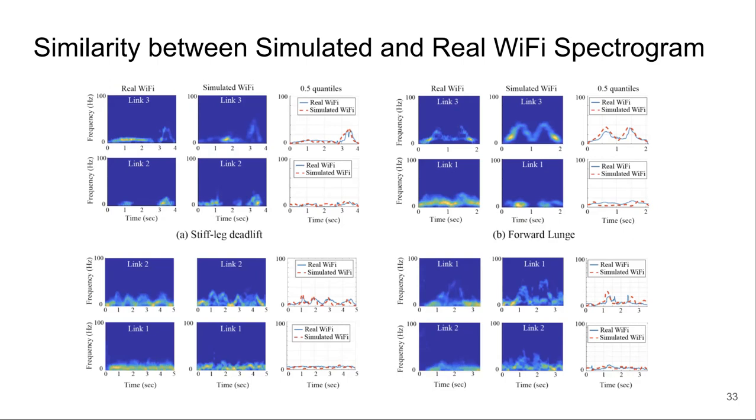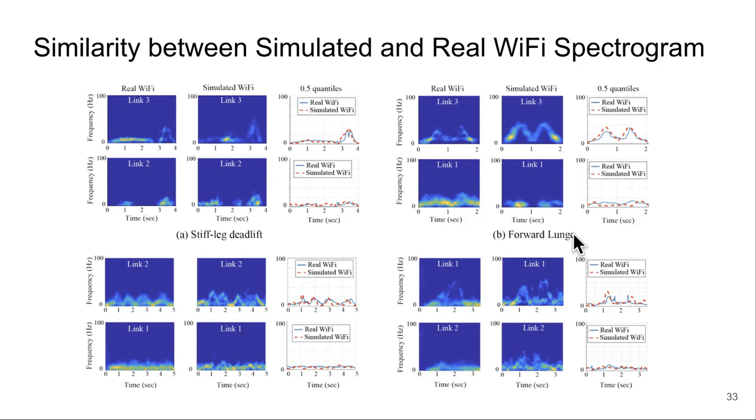For each exercise, the left figure is the real RF spectrogram, the middle figure is the simulated Wi-Fi spectrogram, and the right figure is the extracted 0.5 quantiles from the two spectrograms. The average cosine similarity between the 0.5 quantile curves of the simulated and real spectrograms of 4 activities is 0.88.